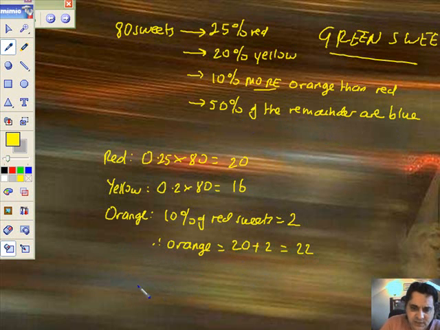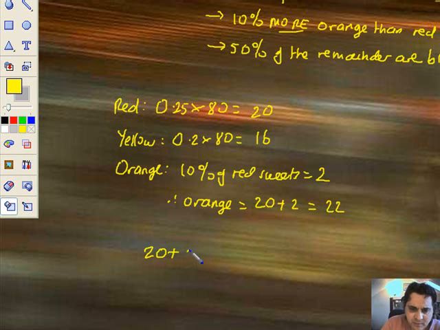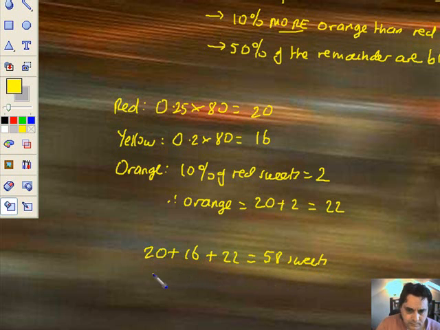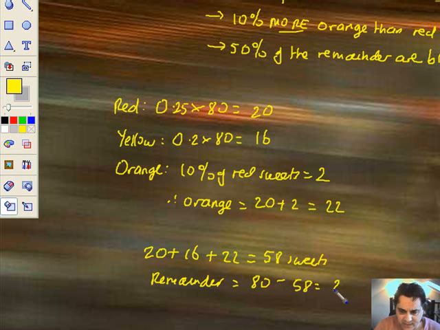Right, here we go. So far I've got 20 plus 16 plus 22. This many comes to 40, 50, 58 sweets. The remainder are blue. So 80 take away 58 equals, how much is that? 12 sweets.